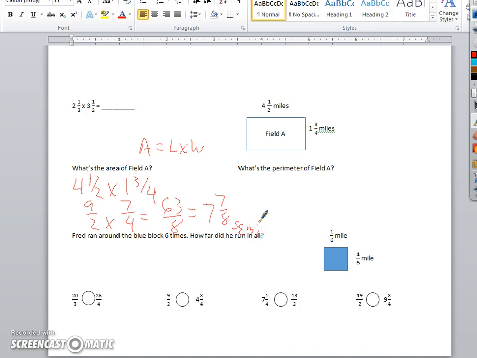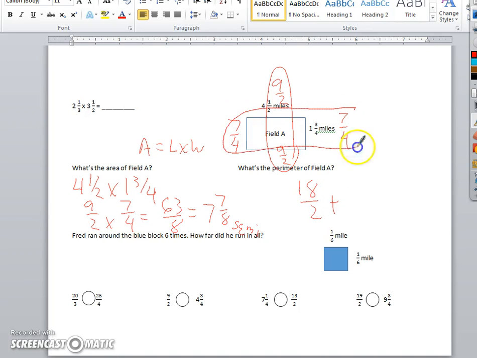For perimeter, I need to add all the sides. So I like to change them to improper fractions first. So 4.5, we already changed it over here to 9/2, which also means this side's going to be 9/2. 1 3/4 we changed a while ago to 7/4, which also means this side's 7/4. So I do 9/2 plus 9/2, that would be 18/2. 7/4 plus 7/4 would be 14/4.